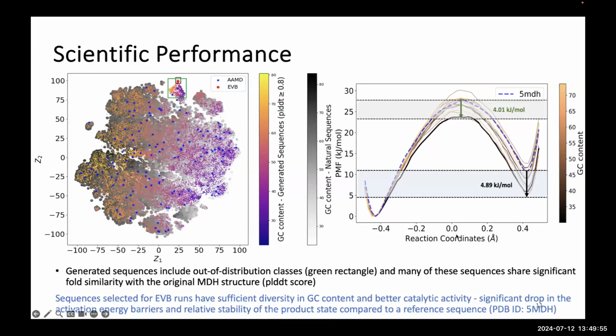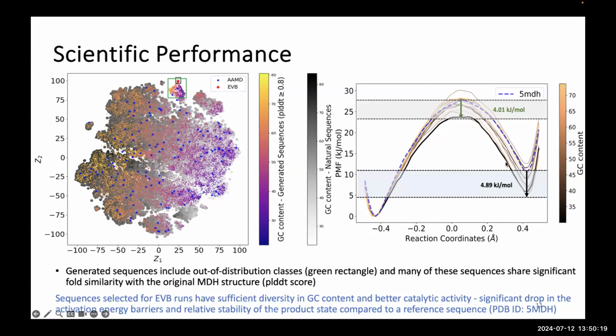What you're seeing is the reaction coordinate on the x-axis, and on the y-axis a quantity that captures reactivity, which we call PMF, and you're seeing the reaction profile. Each curve is constituted by 50 different simulations. There are 50 points on each curve.